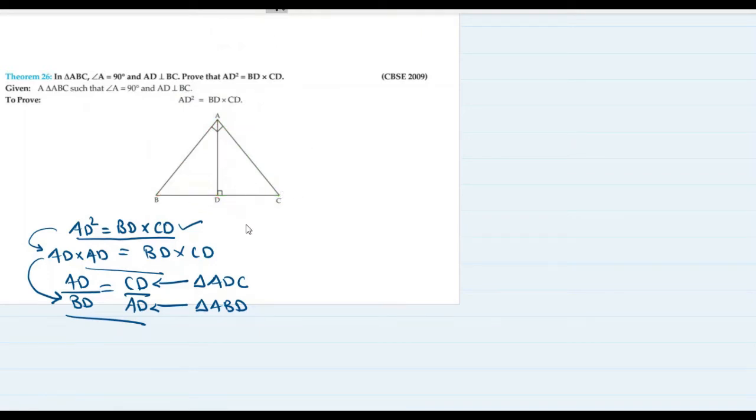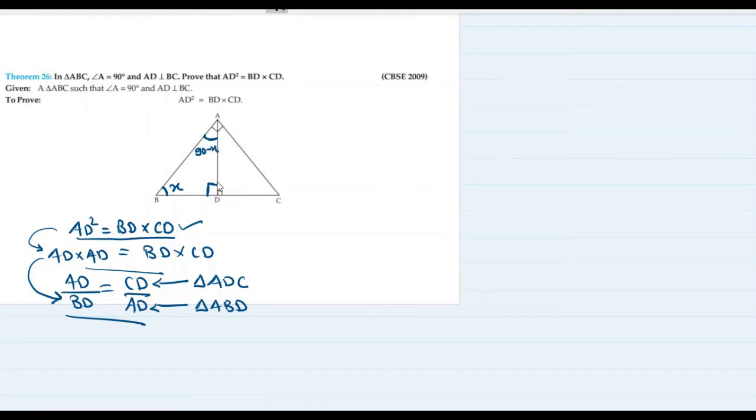Now see how to prove these two triangles similar, ADC and ABD. If you remember, I told you in the proof of Pythagoras theorem that there is a technique of taking one of the angles as x, and that is a very useful technique. If you assume this angle ABD to be x, you know that angle ADB is 90, then this angle becomes, by angle sum property, 90 minus x.